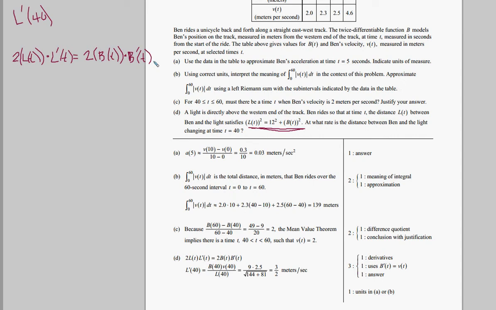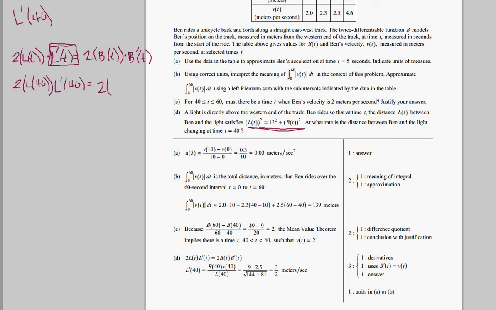Okay? And now I'm dealing with all of this stuff at 40, but this guy right here is what I'm solving for. So I'm going to go ahead and plug in 40 wherever I see it. So I need 2 times L of 40 times L prime of 40, that's what we're not going to know, is equal to 2 times, well, b of 40 I can get from this table up here, and I have it written down.